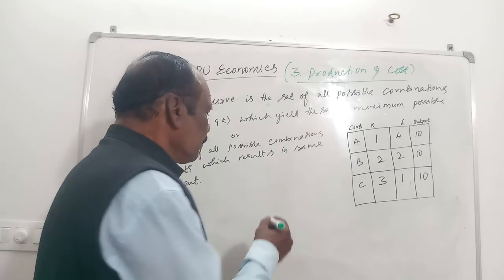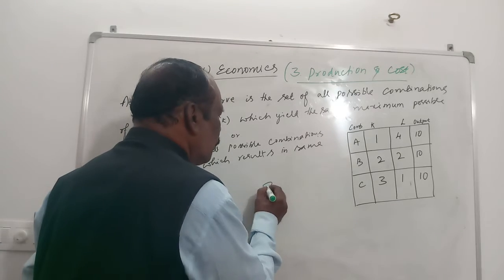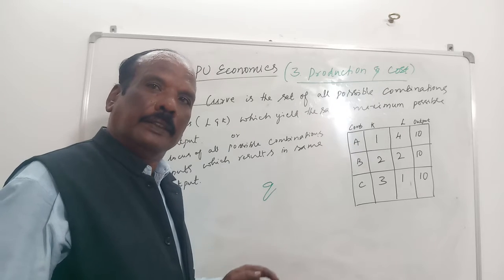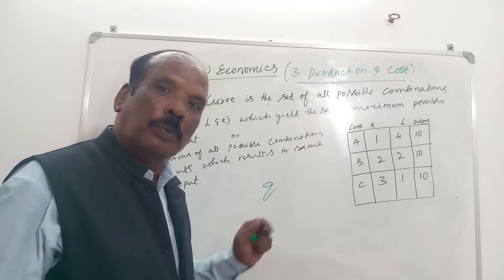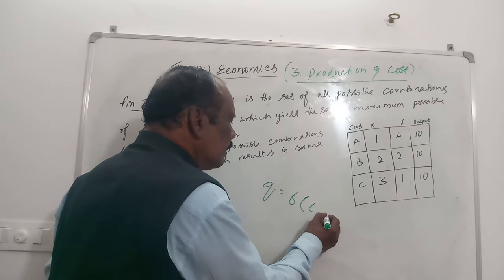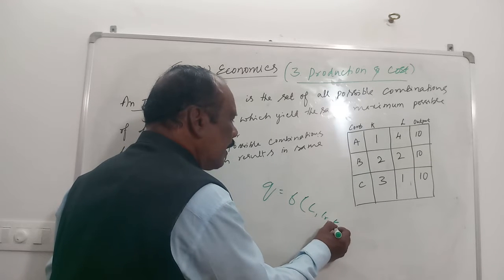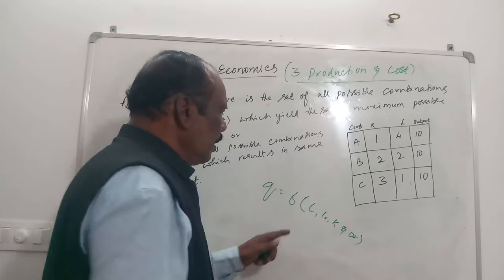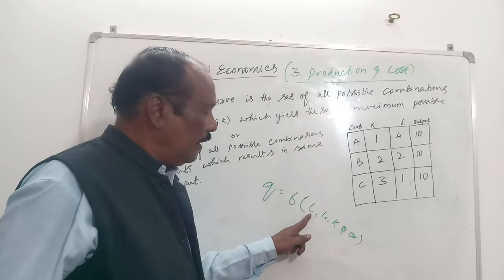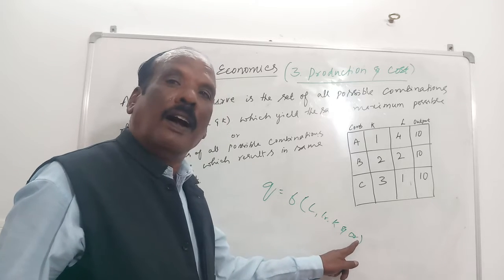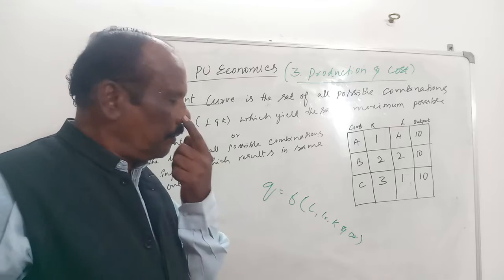So here, quantity, that's the commodity, that is the final good, the consumer good, is a function of L, L, K, and OR. Here L means land, labor, capital, and organization.